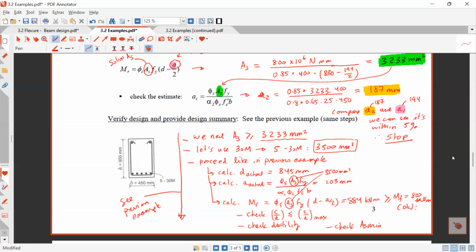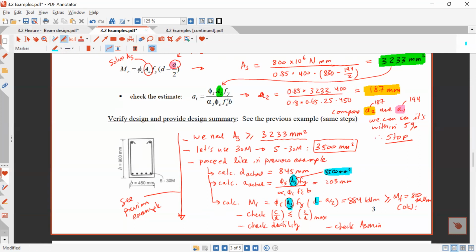Are there any questions on this one that we just saw? So this is called the iterative method. Okay. Just to be clear here, you would use this 3,500, same thing here.